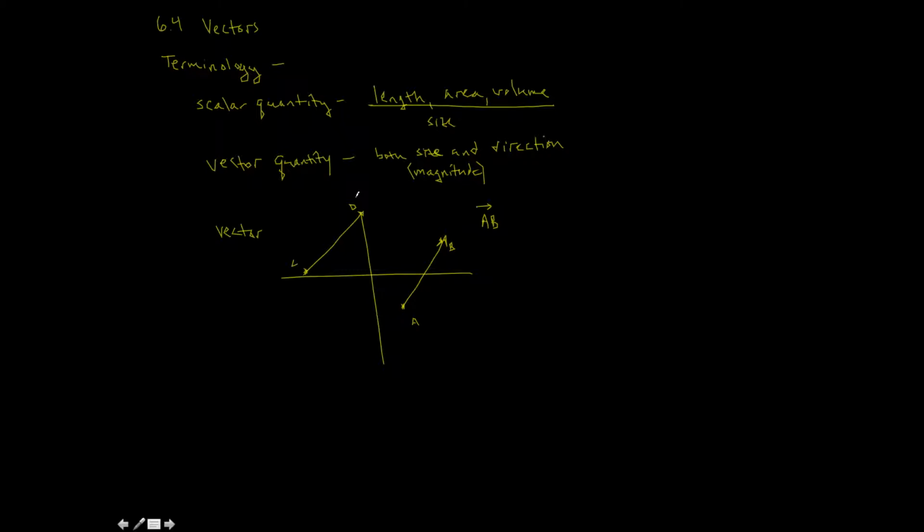Now, if you translate vector AB about the origin, if we let the initial point start here at the origin, and let me change color so we can see this differently than the rest. If we let the initial point start here at the origin, and it's the same size and direction as AB, except we're going to call this O and P. If it's a translation of AB and the initial point starts at the origin, we call this the standard vector.